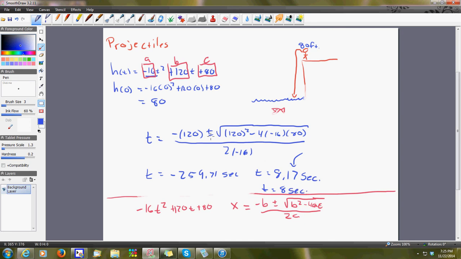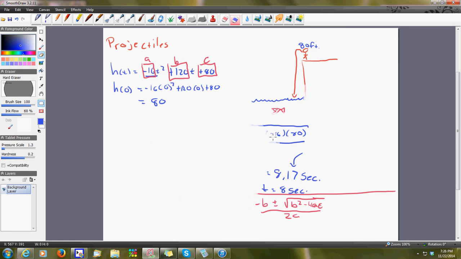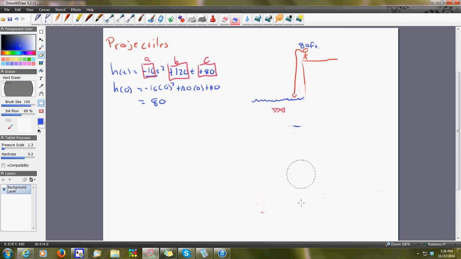So it's negative 120 minus the square root of the discriminant, divided by 2a. The very last thing I'm going to show you, and I am running low on time, so I'm going to move quick through this, is what happens if I wanted to know how long it will take before it reaches, let's say, 50 feet.